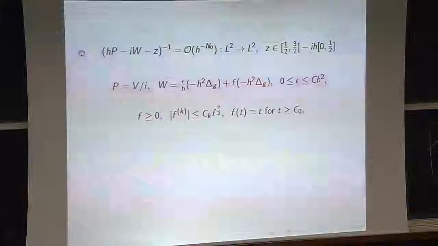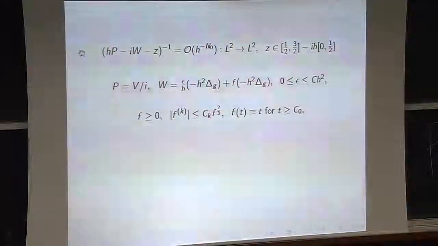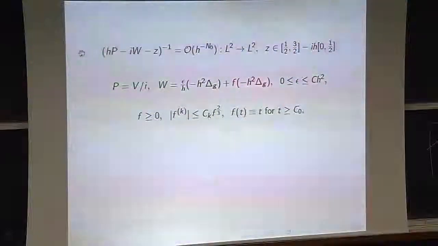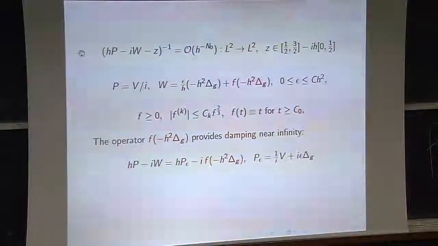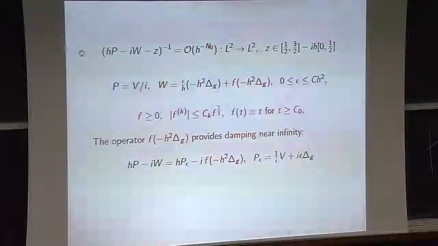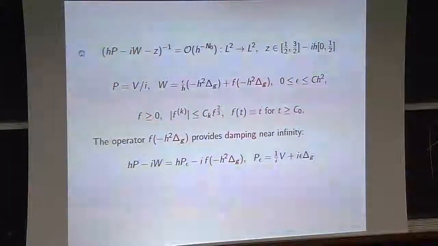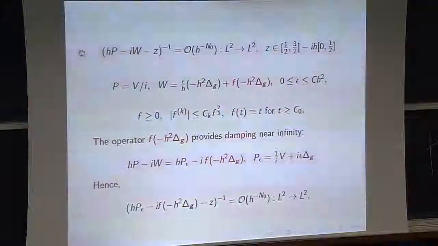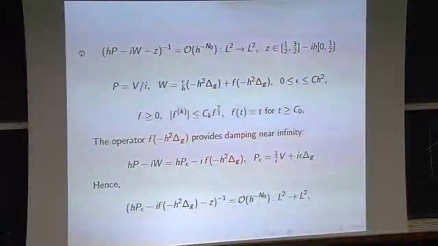And f is some function which is like t for sufficiently large t, so that this provides ellipticity near infinity. It's just like the Laplacian near infinity. So this, if you like, provides damping near infinity. This operator here is just h times my P_epsilon operator minus this damping. This is the operator for which we want to show that the gap is uniform with respect to epsilon. So consequently, if I just take this result and rewrite it this way, we get this bound.